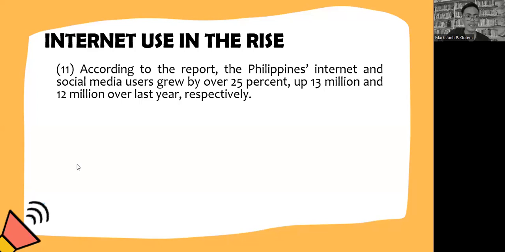Okay, imagine ha, take note ha, 25%. Up 13 million and 12 million over last year respectively. So over last year, so ga-base siya ni year 2016, kay since na-release ni siya nga news report was on 2017.